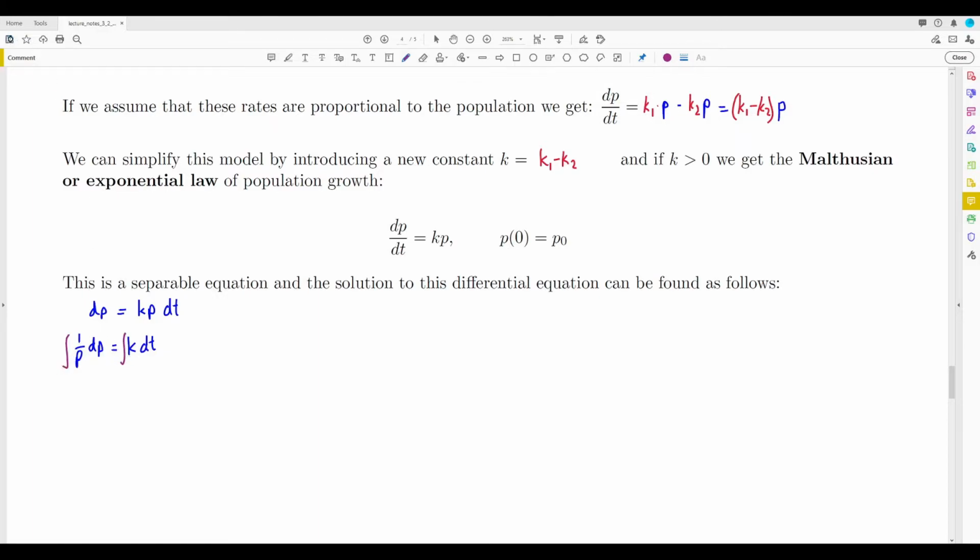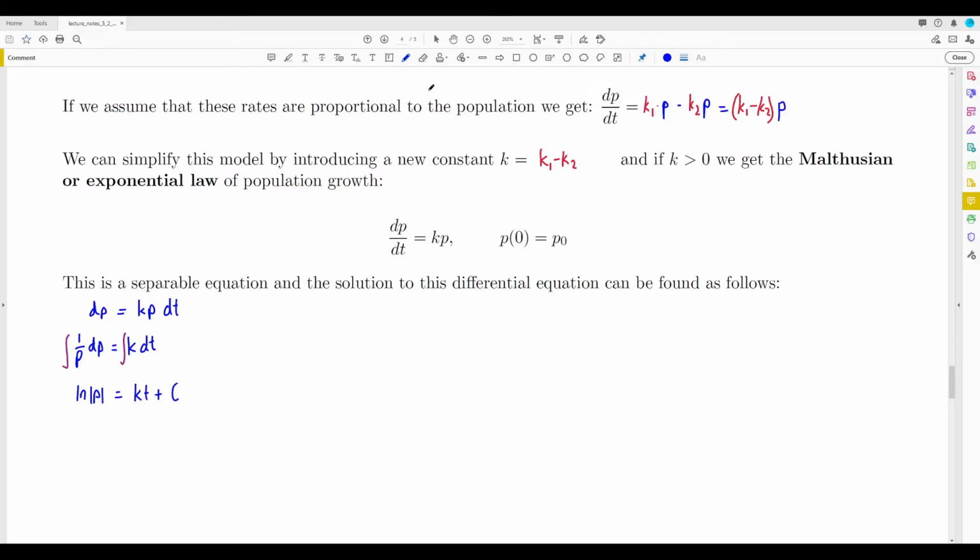1 over P dP. When I integrate that, I get ln of the absolute value of P. And on the right-hand side, I get k times t plus some kind of constant of integration.